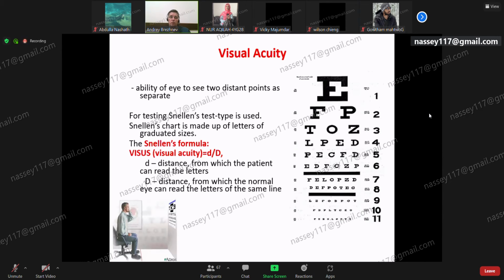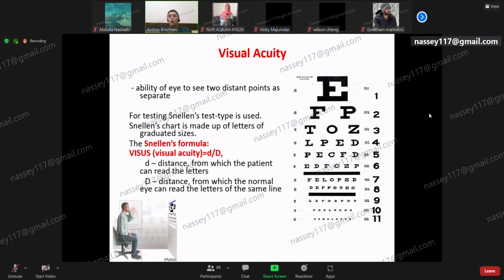The chart most commonly used for distance vision with literate patients is the Snellen chart. Principles are the same in different countries of the world. The difference is only in letters due to the alphabet which is used in this or that country.